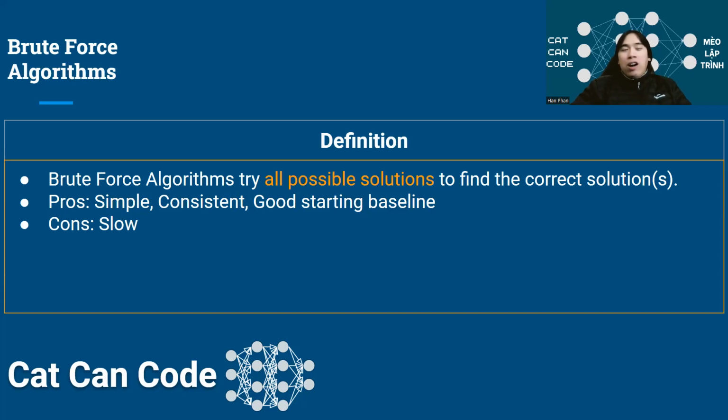The cons of brute force algorithms is that they are really slow because they exhaustively cover all the possible solutions until they find a correct one. So you may get into a situation where it's not practically feasible to find a solution because it takes millions or even billions of years to run through all the possible solutions.